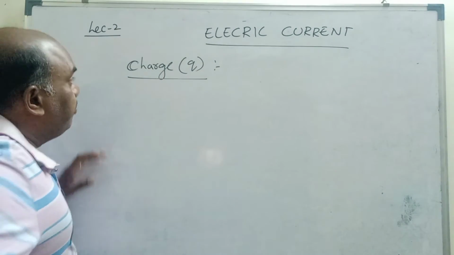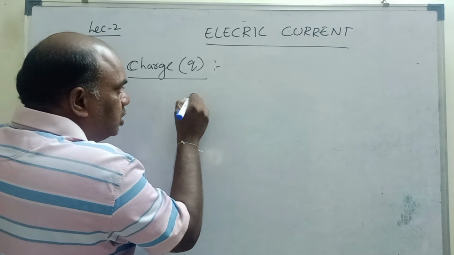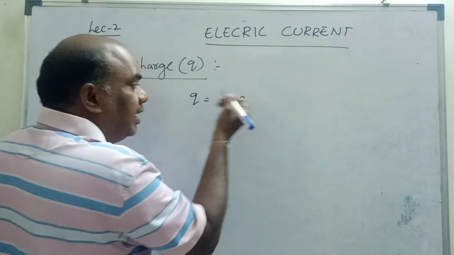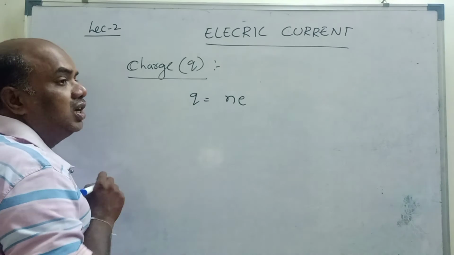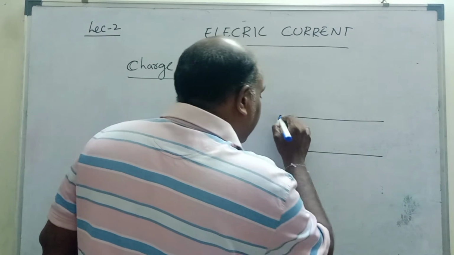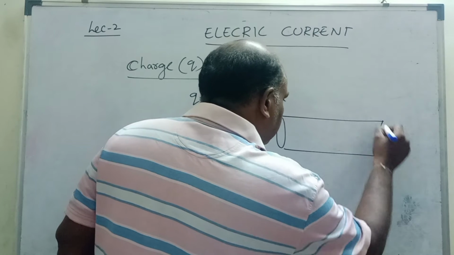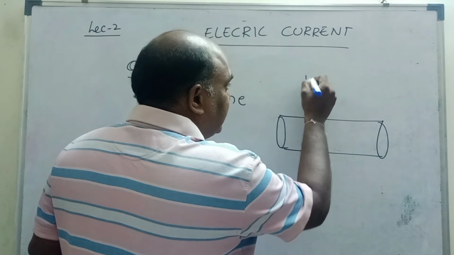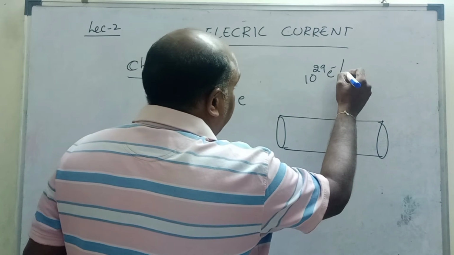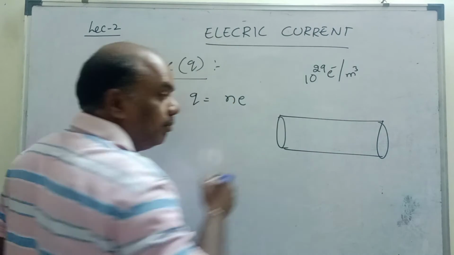Now we will see charge. Charge is nothing but the flow of electrons. The number of electrons is nothing but charge. Very simple. Consider this a cylindrical conductor. Every conductor consists of 10 power 27 to 29 free electrons per cubic meter.